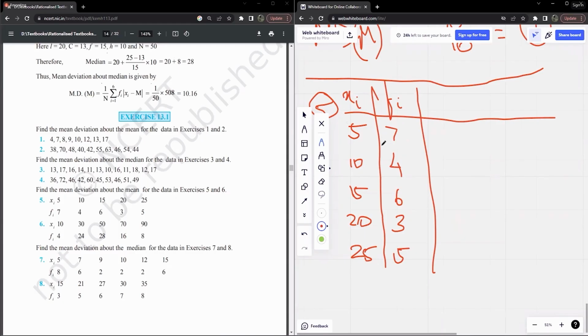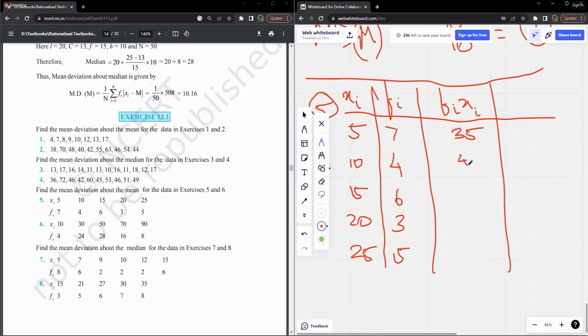Right. Remember that for these kinds of data sets, your mean is basically sigma fixi divided by sigma fi. So we anyway have to find the product fixi for the mean. Right. And we have to find the deviation over the mean. That's it. So we have this to be 7 into 5, that's 35.